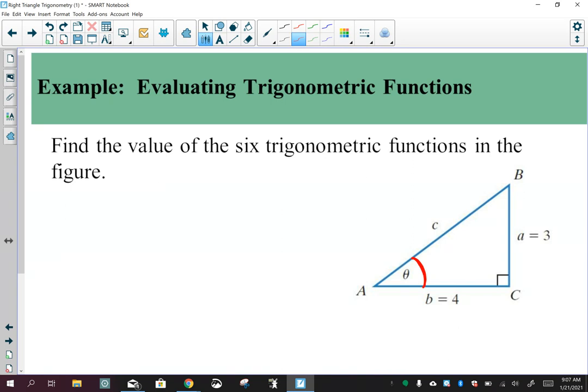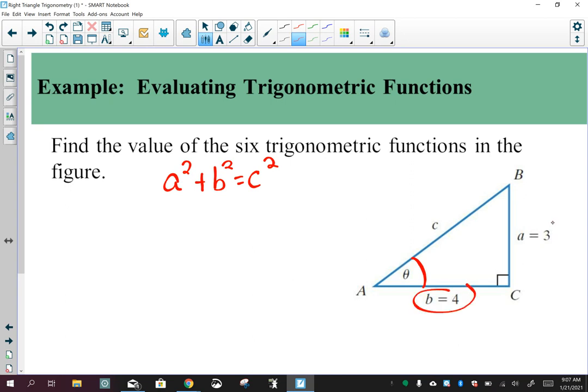Thinking back to geometry, you have to look at the Pythagorean theorem to find the other side. In a right triangle, you have a squared plus b squared equals c squared.